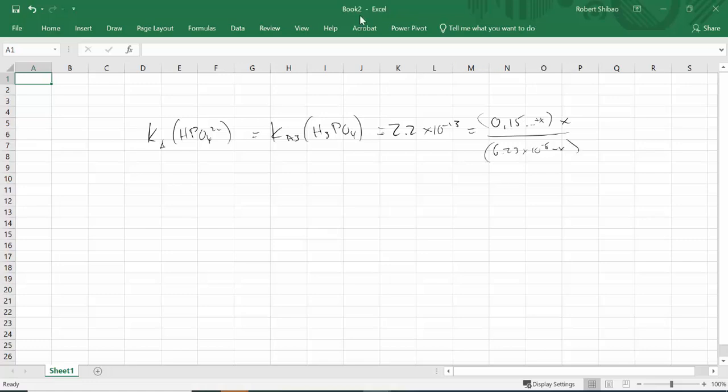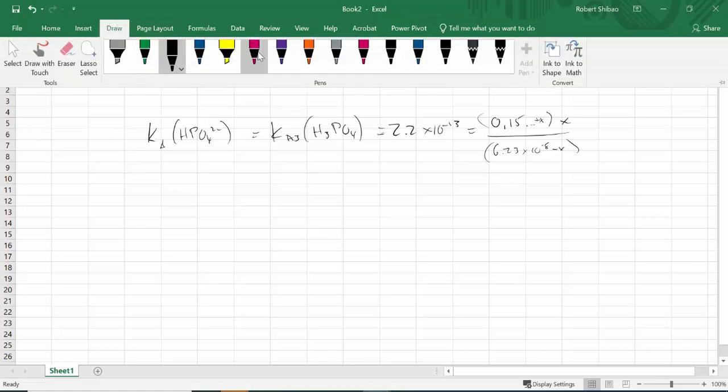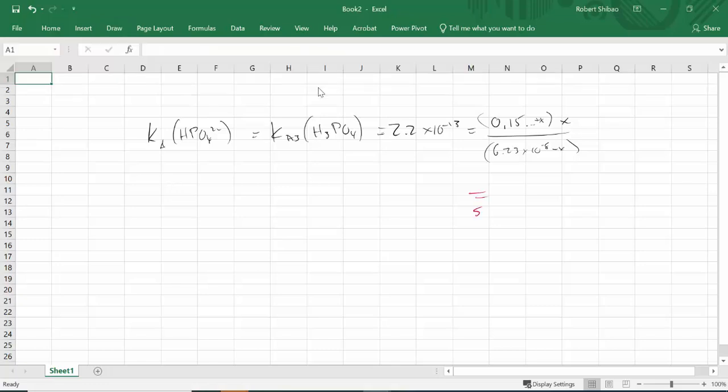So when I'm thinking about the simplifying assumption here, x relative to 0.15, I would say it's good. X should be small relative to 0.15, but will x be small compared to 6.23 times 10 to the minus 8? I would worry about that.